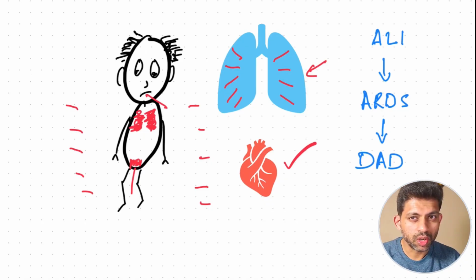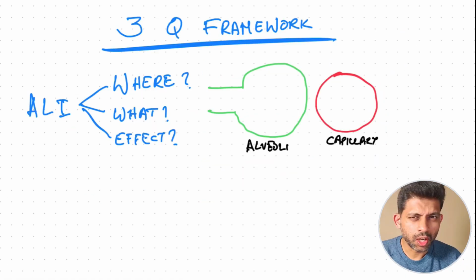In this video, we look at the causes, the pathogenesis, microscopic features, and clinical features of acute lung injury. We talked about the 3-question framework for lung diseases in the previous video. Whenever you study a lung disease, ask 3 questions. 1. Where is the disease occurring?